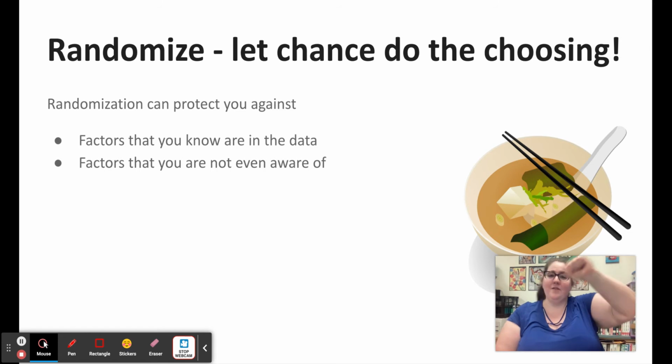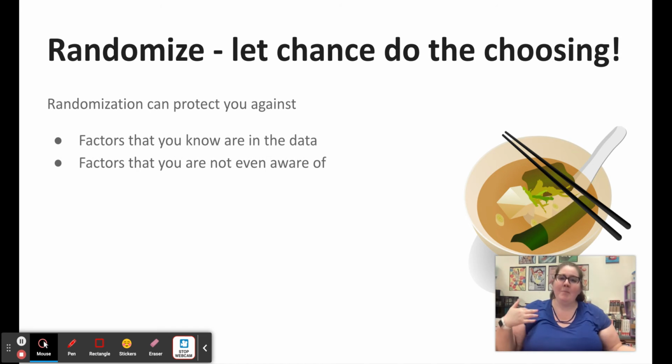So if I just finish putting salt on top of the soup and I don't mix it up, my taste is going to be really, really salty, and that's not necessarily representative of the entire pot of soup. Whereas if I stir it, I'm making that little top bit that I'm going to taste test from more representative. So we can think of that stirring as randomization.